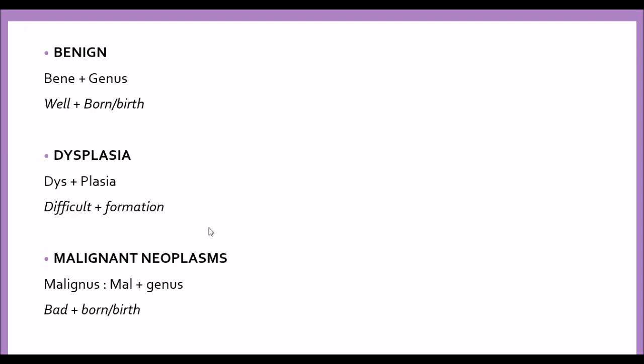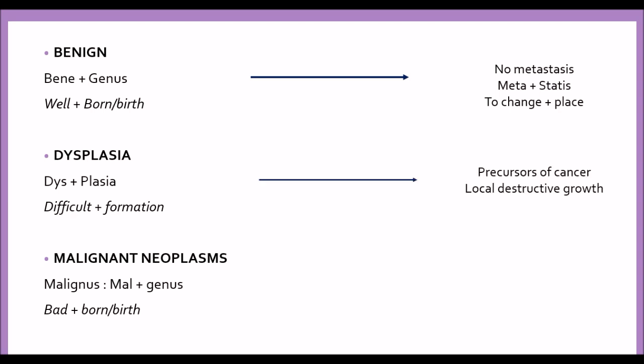And if we apply that physiologically to what happens in our body with either a benign, a dysplasic, or a malignant neoplasm, a benign neoplasm is when there is no metastasis, so no change in place. Everything is settled, there's a cap around the tumor, and we're safe. Dysplasia is when we're going to have a precursor of cancer because there's going to be this local destructive growth. So this difficult formation simply implies that there's this local destructive growth.